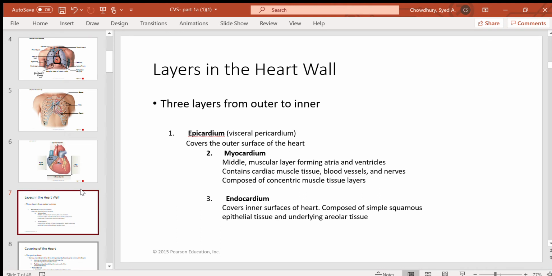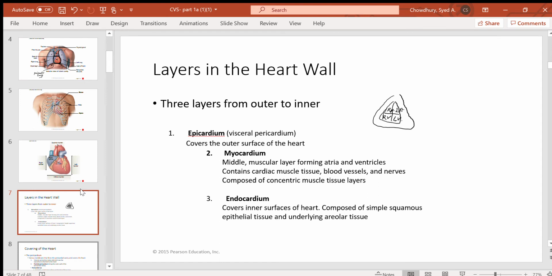Now, if you see, the wall of the heart has three layers. Okay, three layers. So this is inside the heart. Okay, and this is left ventricle, right ventricle, right atrium, left atrium.